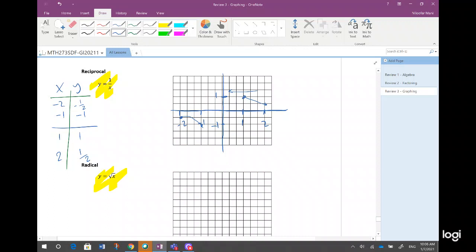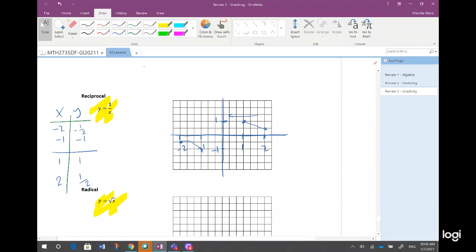For example, if x is 10 to the power minus 4, what is y? y is 10 to the power 4, because you flip it. So when x is very small, y is very large. So I can graph it this way. It goes up.